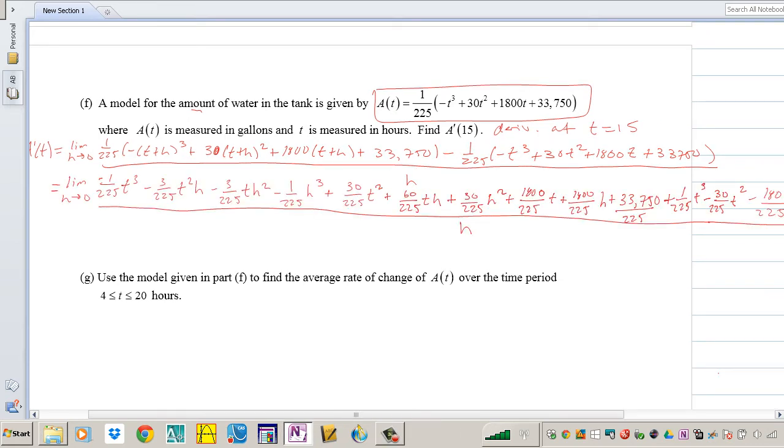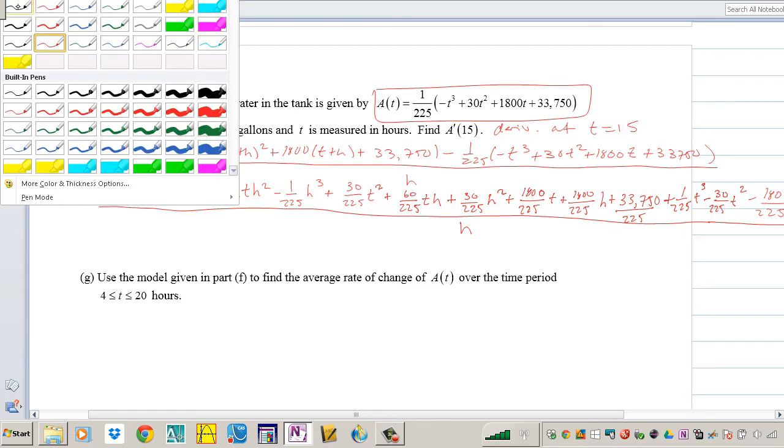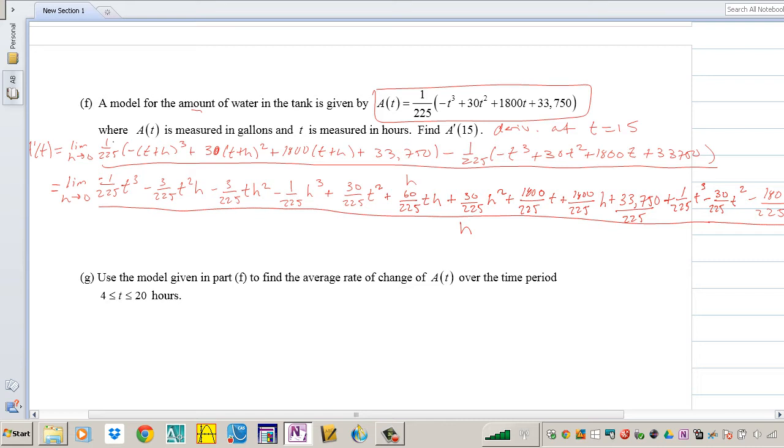Okay, so I went ahead and cleaned it up over here. I'm going to explain what happened. Notice that this 1 over 225 is a multiplier of this whole function, and all I did was distribute the 1 over 225 into these four terms, after I had done the expansion of t plus h cubed, t plus h squared, and also t plus h.